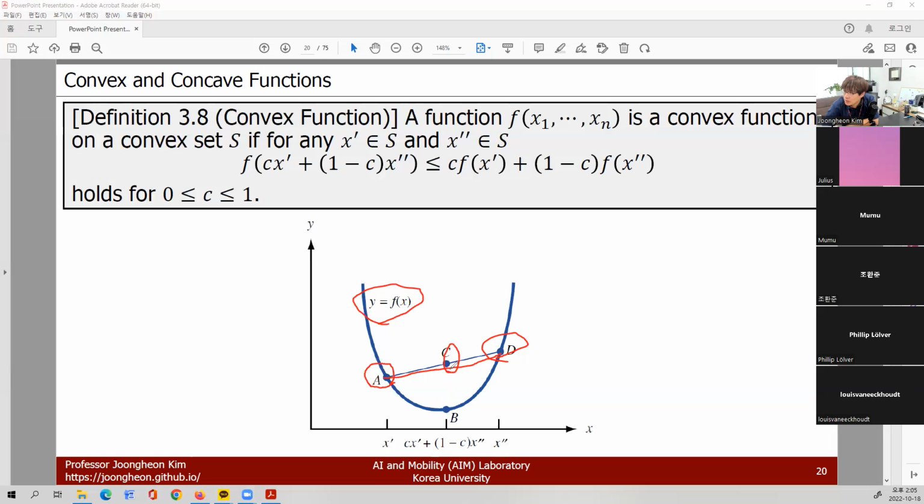The point is C. Then make a vertical line, and the vertical line should meet the function f, and that point is B. And then C should always be higher than or equal to B. Then the function f is convex. You can easily imagine that the function looks like a cup. That is an easy, intuitive understanding of a convex function.